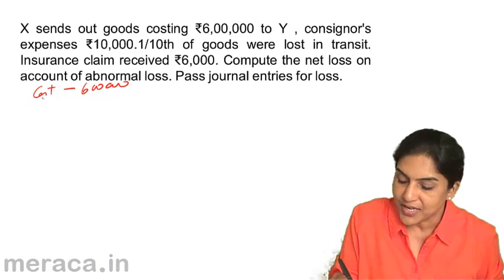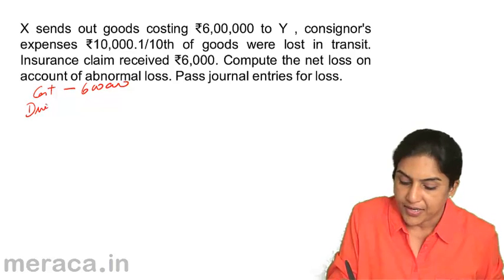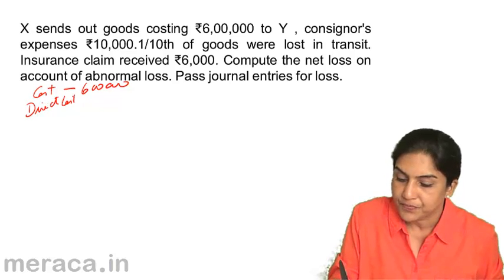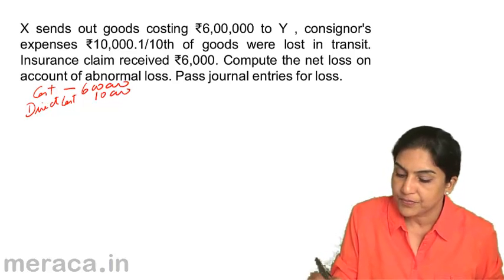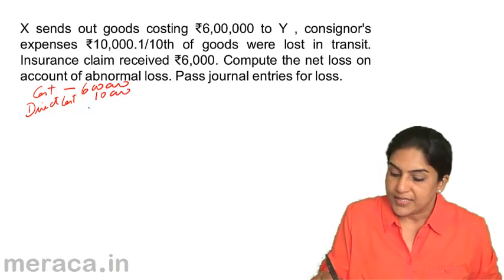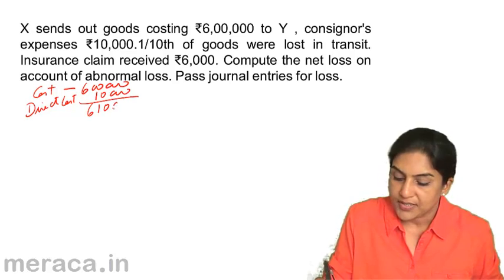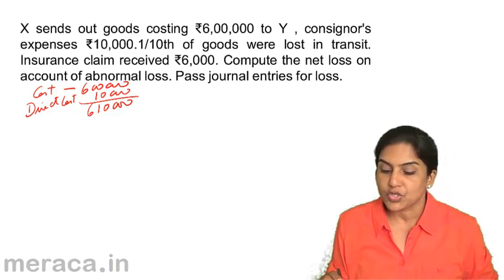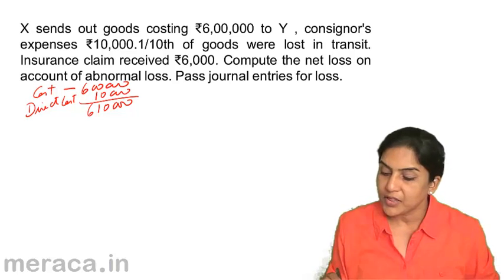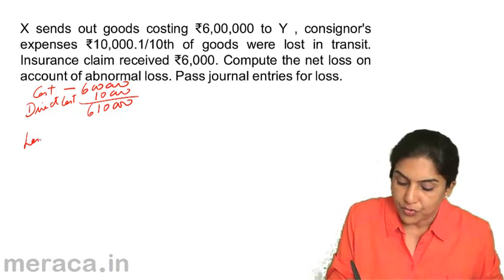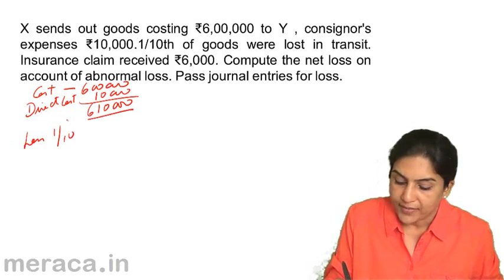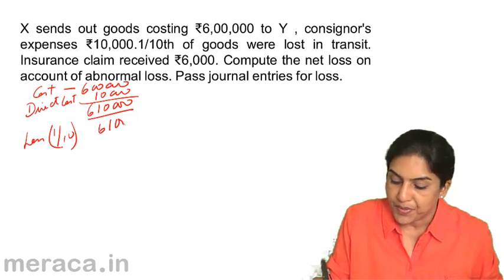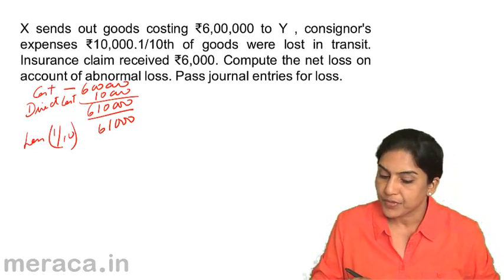Transportation cost or consignor expense, I am writing it as direct cost, is 10,000. So the total is 6 lakh 10,000, the total cost of the goods. 1/10 of this is lost. Therefore, the loss is 1/10. How much is that? It would be 61,000.